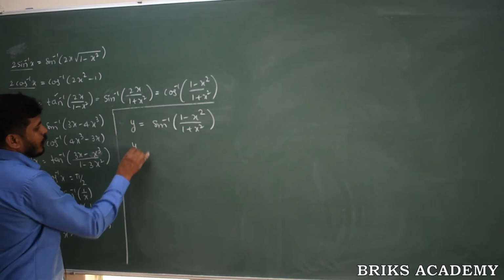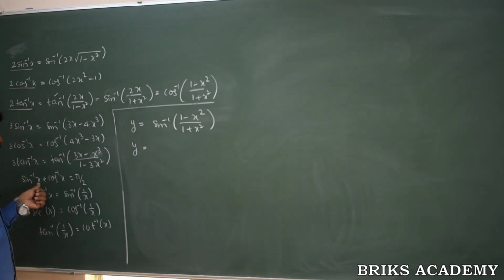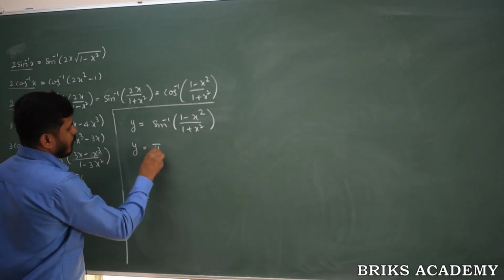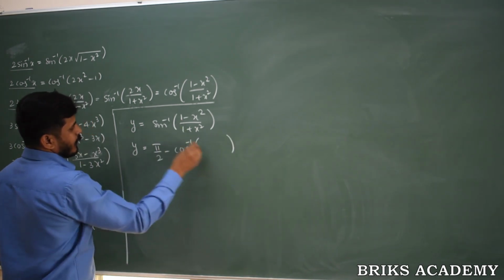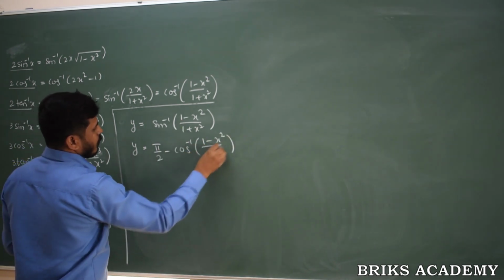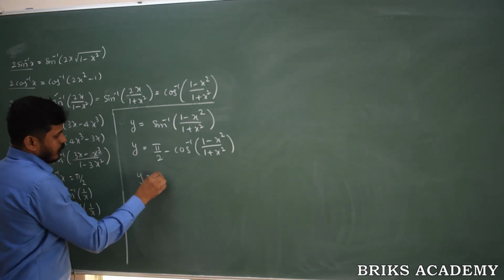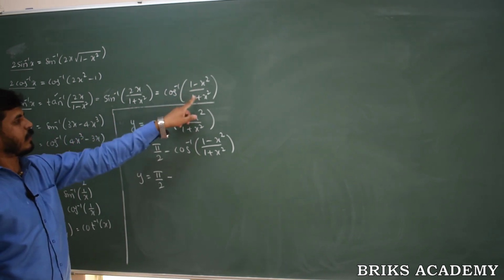So I need to convert sin inverse in terms of cos inverse. How to convert? Sin inverse x plus cos inverse x equal to pi by 2, or sin inverse x equal to pi by 2 minus cos inverse x. In the place of x I have 1 minus x square by 1 plus x square. That is, y is equal to pi by 2 minus, what is cos inverse 1 minus x square by 1 plus x square?